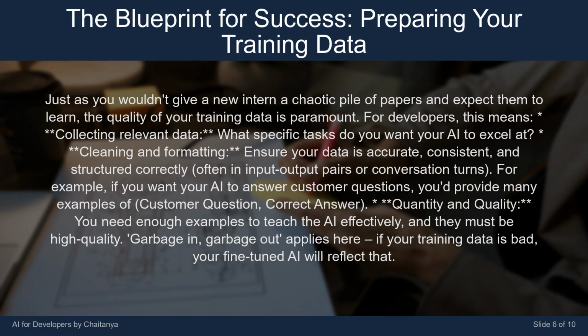For example, if you want your AI to answer customer questions, you'd provide many examples of customer question, correct answer. Quantity and quality. You need enough examples to teach the AI effectively, and they must be high quality. Garbage in, garbage out applies here. If your training data is bad, your fine-tuned AI will reflect that.